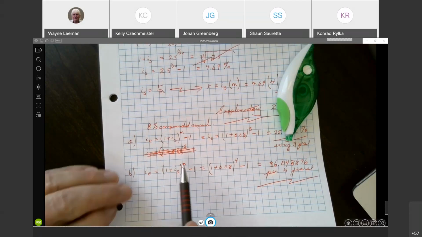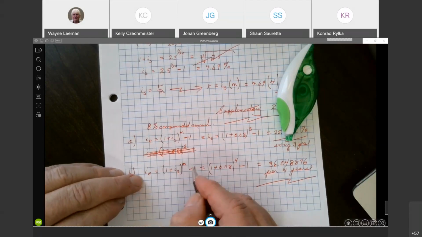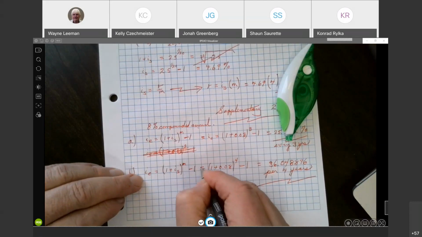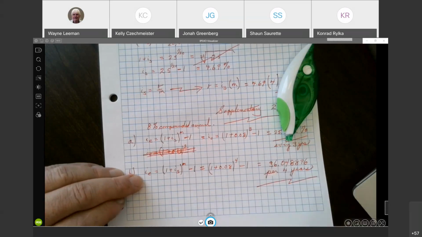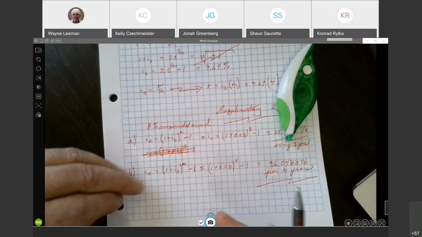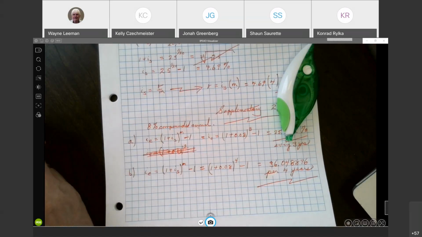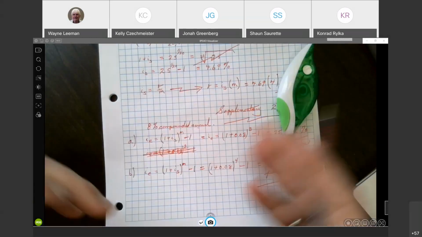So we can use this formula here, and this is pointed out in the textbook. We can use this formula here as a way of changing the effective interest rate from, say, 1 year to more years, 2 years, 5 years, 20 years.